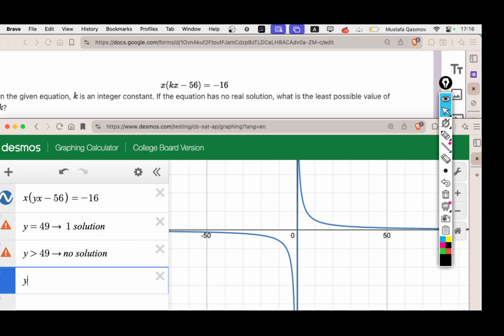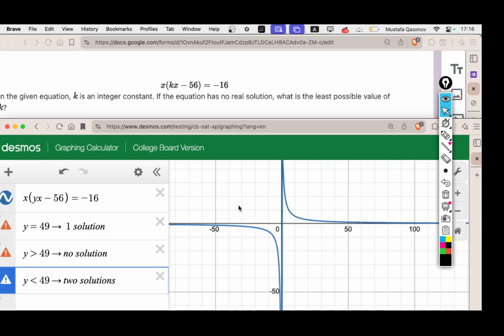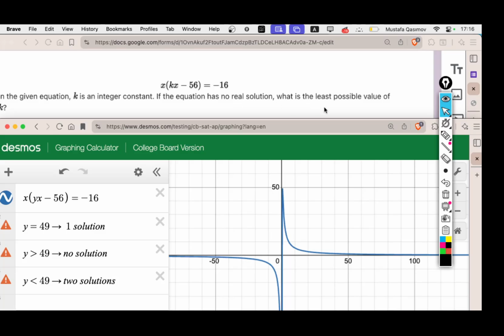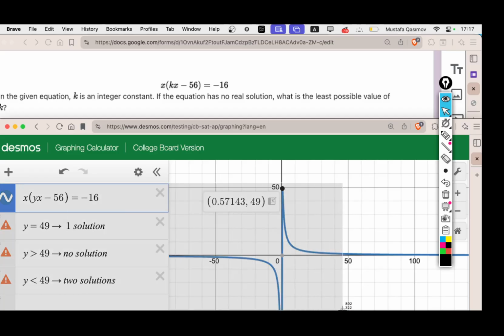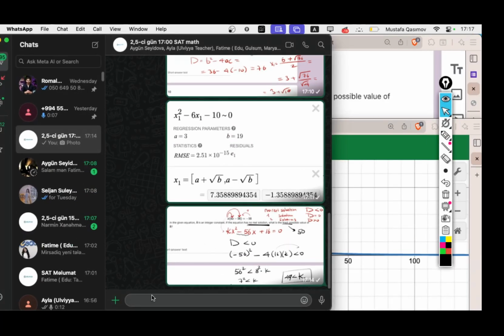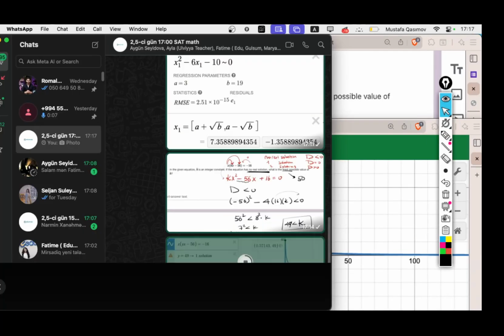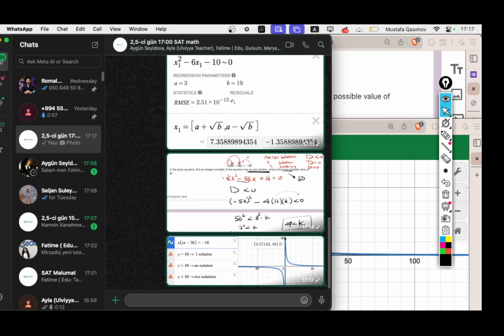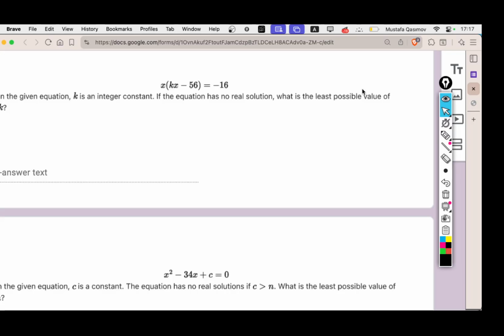So for this part, it is always two solutions. That's why, because it is no solution, the minimum value will be 50. Any question? Maybe you think it is complicated. Yes, it is complicated the first time, but if you apply that for 4 or 5 questions, you can see that it is very easy.